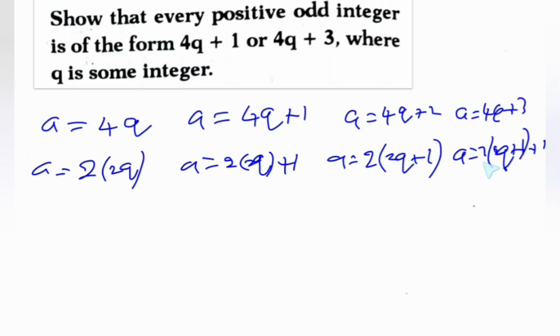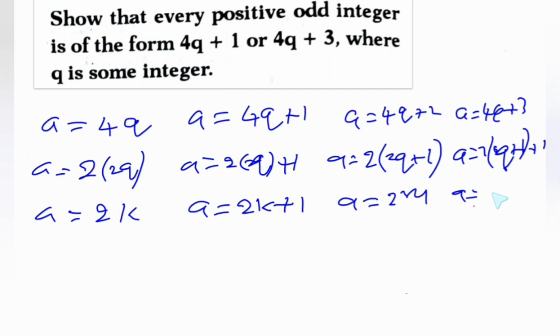Let 2q equal k, then a is 2k plus 1. Then 2q plus 1 equal to m, this is 2m, and a is m plus 1. Now observe, this is an odd number because it does not divide by 2.